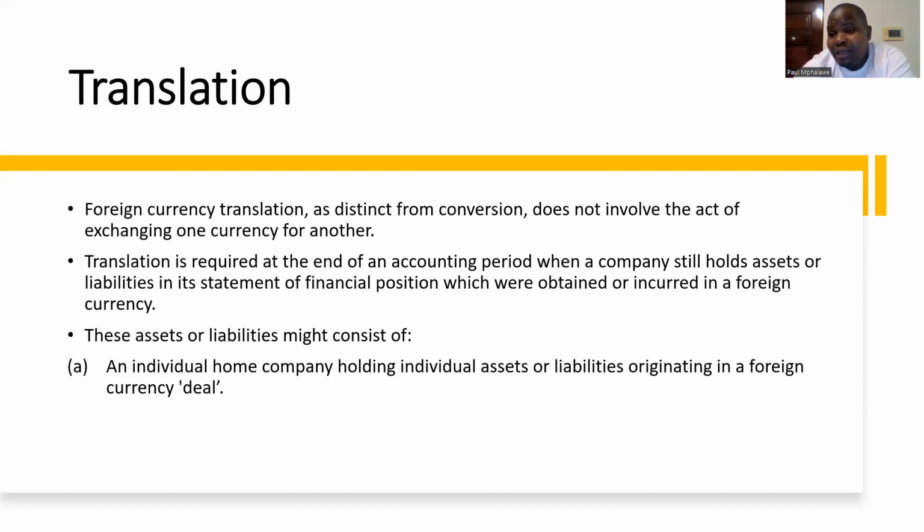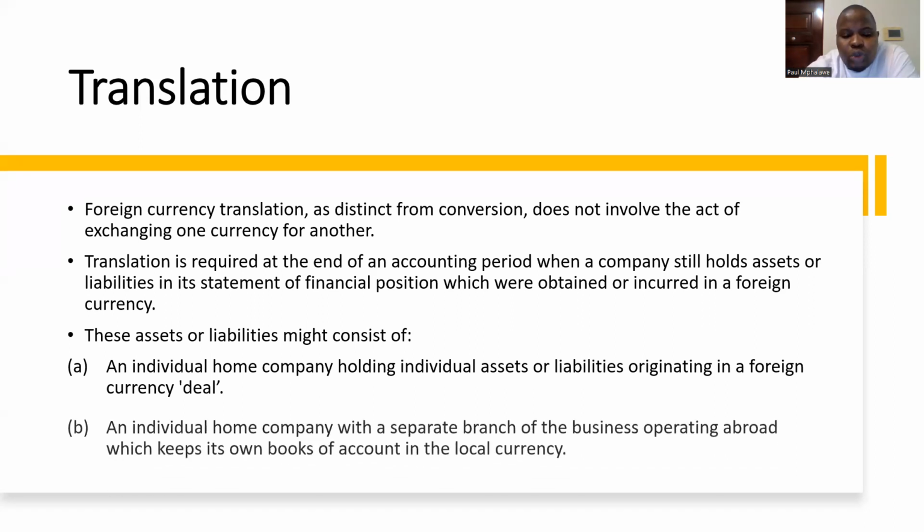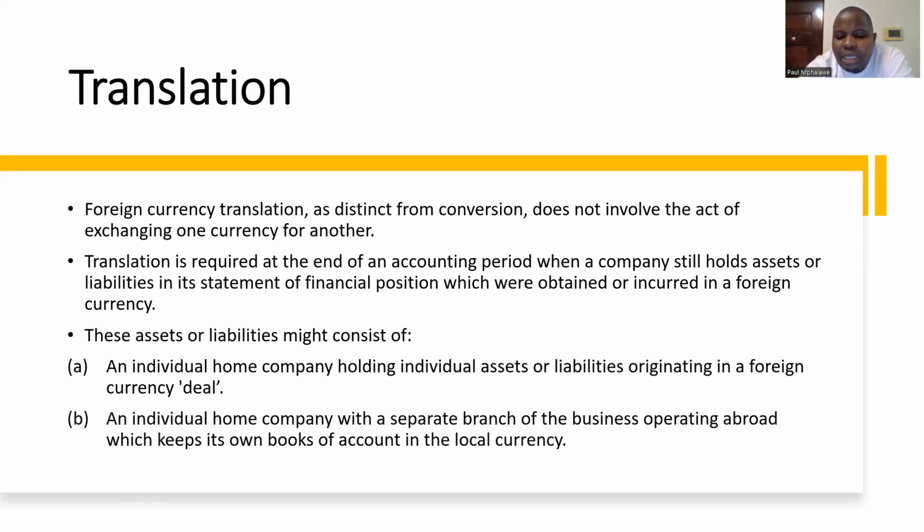If the parent company originated in Malawi, it has to translate all those transactions into the home currency, the presentation currency. Number two, an individual home company with a separate branch of the business operating abroad, which keeps its own books of account in the local currency, wherever it's operating.